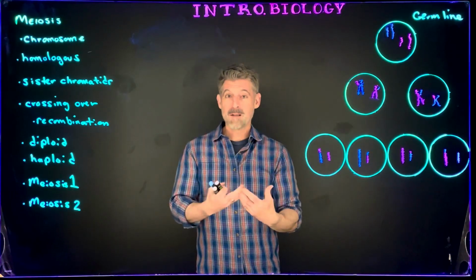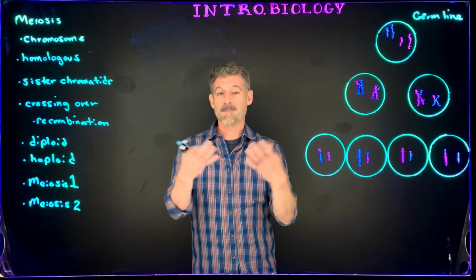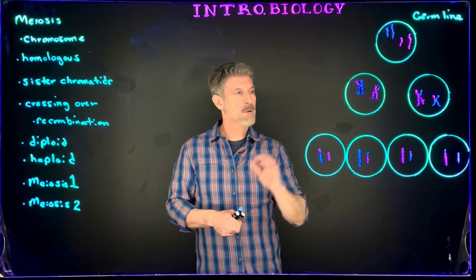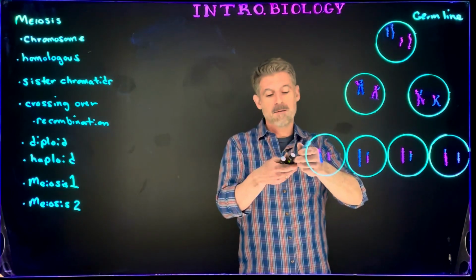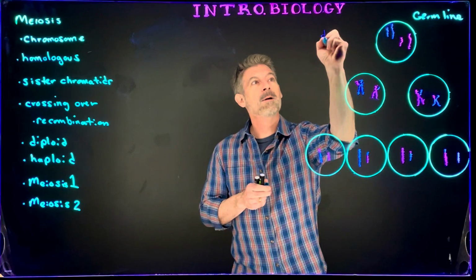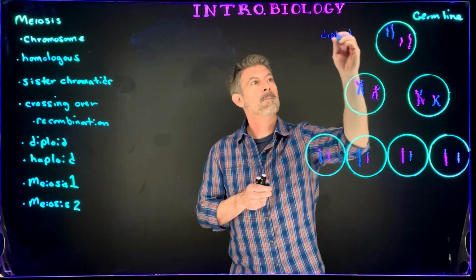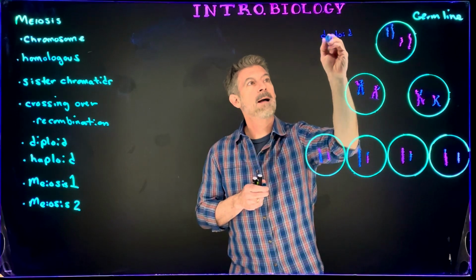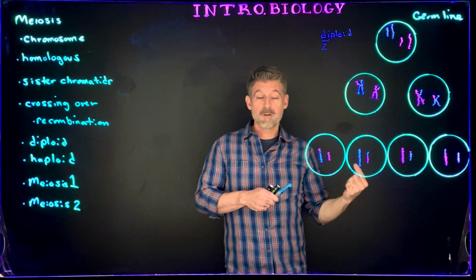Then it's going to be mixing of genetic information to create a unique new individual. And then the process will continue. So that's kind of the idea here. We're starting off with cells that are what we call diploid. So di meaning two. That means two of each chromosome.